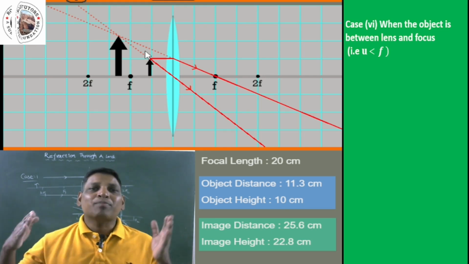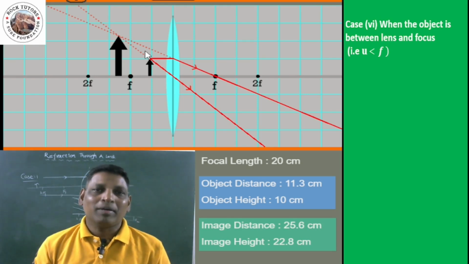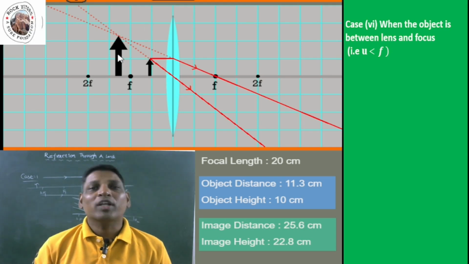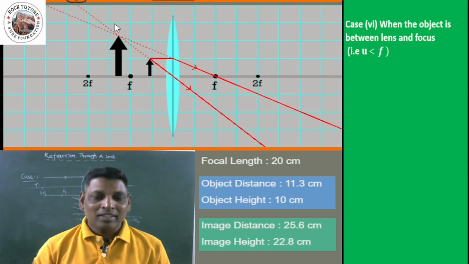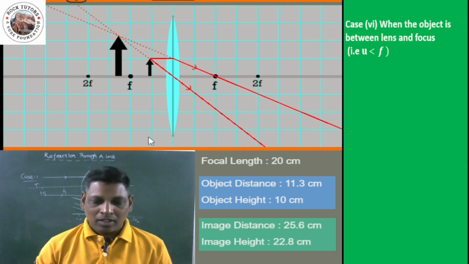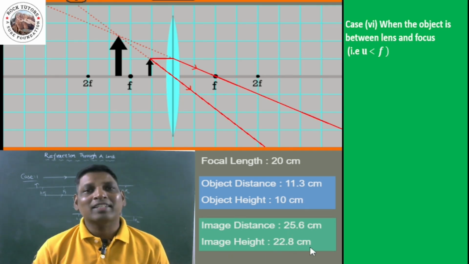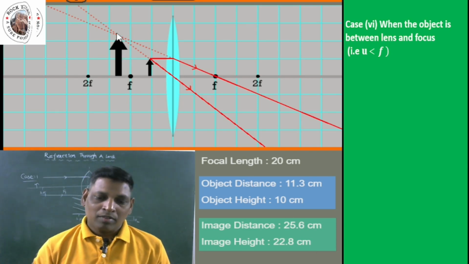We extended them backward and they meet. They only appear to meet, but they are not really meeting. That's why this image is a virtual image. And see the size of the image: the object size is 10 centimeters and the image height is 22.8 centimeters. That means here we got a magnified image.